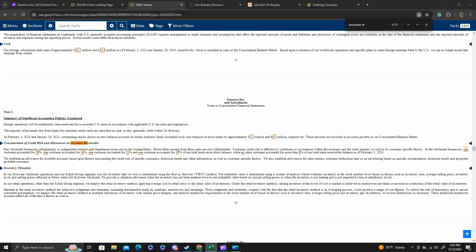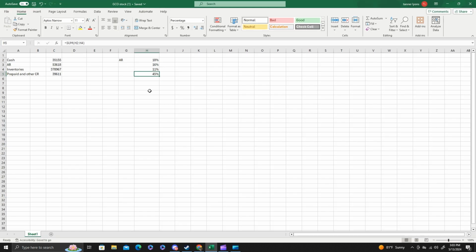So equals sum. Let's sum all these up together, 18%, 16%, and 11%. Alrighty, so just 3 customers account for 45% of their accounts receivables.